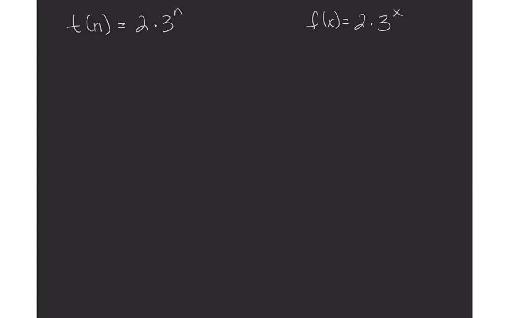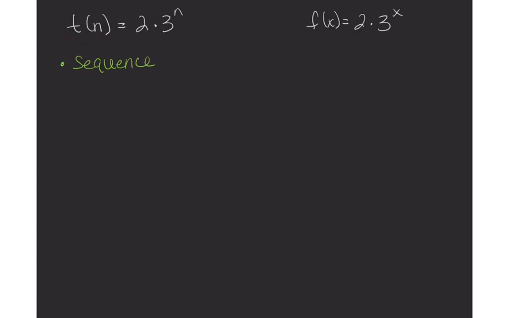So these look quite similar to each other, but we know that through our notation they're a little bit different. Since I have T of n, we use that notation to signify that this one is a sequence.